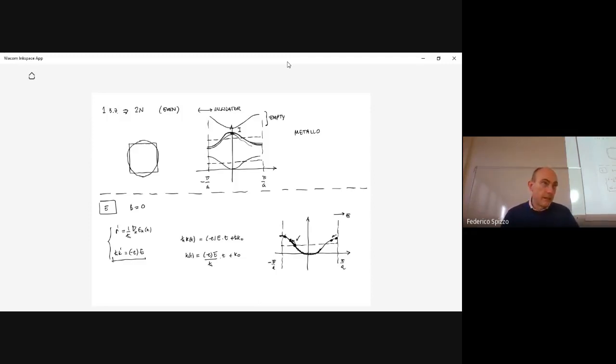Now, I think that you never observed an AC current when applying a DC field. So what is the motivation behind that?